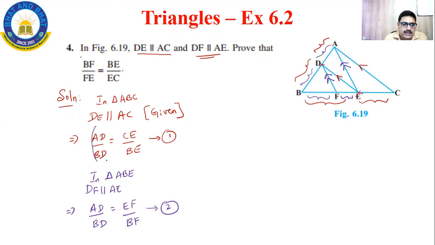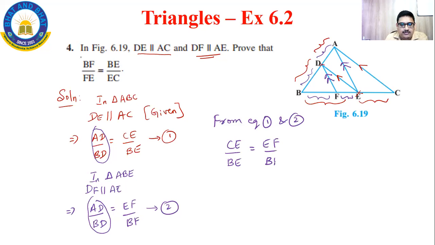Again observe, AD by BD is common. So I can say from equation 1 and 2, CE by BE is equal to EF by BF. Observe now, BE by EC is what I have.